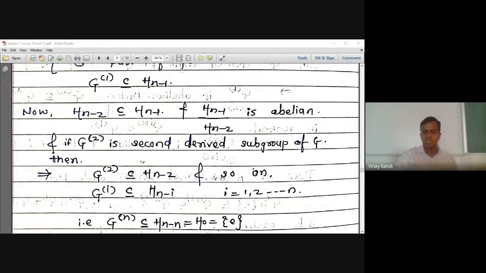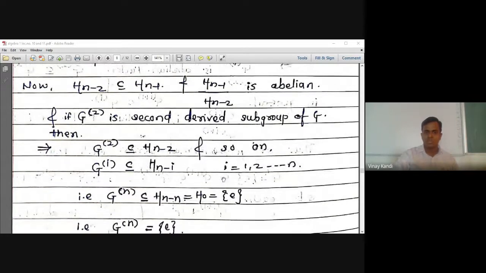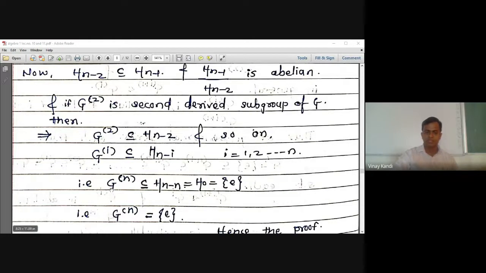Similarly, we can write for G raised to i, the ith derived subgroup of G, is contained in H_{n-i}, for i equal to 1 to n. That is, G raised to n is contained in H_{n-n}. Here if it is 2, then here 2 will come, H_{n-2}. G2 is contained in H_{n-2}.